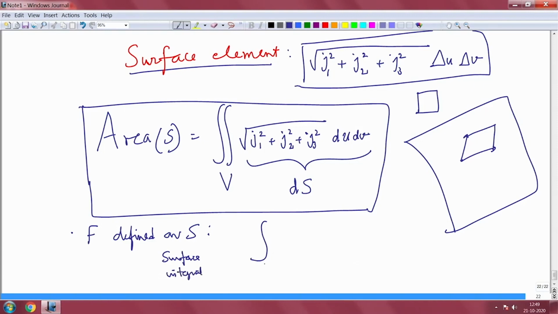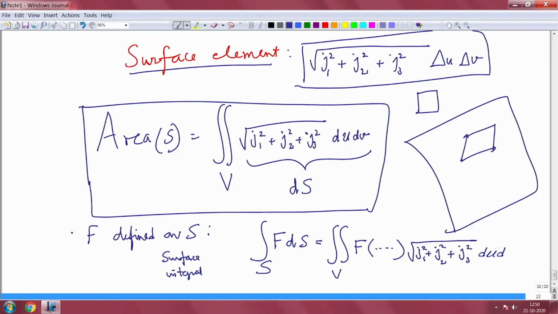The surface integral of f on S with respect to the surface measure is nothing but the double integral over V of f of (f(u,v), g(u,v), h(u,v)) into the square root of J1 square plus J2 square plus J3 square, du dv.